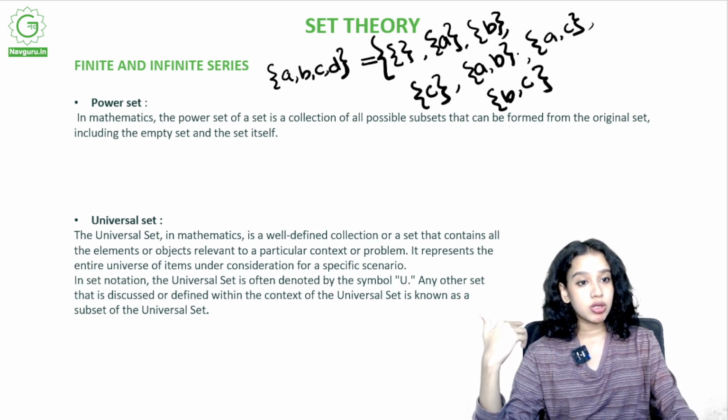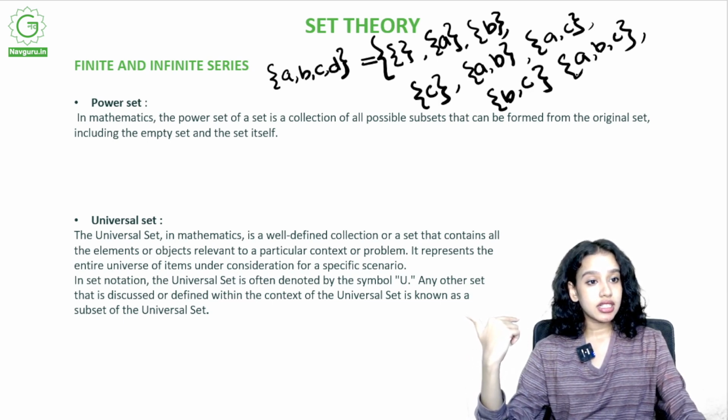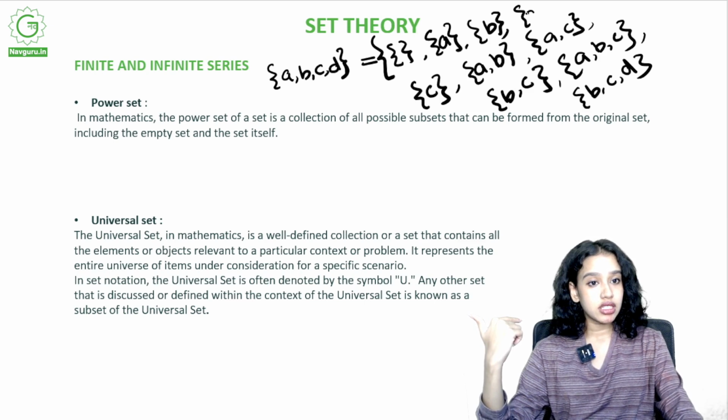These are the 3 things we could get: AB, AC and BC. Now we could have A, B, C, right? Then we could have B, C, D. Oh, we skipped D here. We have D. Here we'll have AD. We have BD. And we have CD.